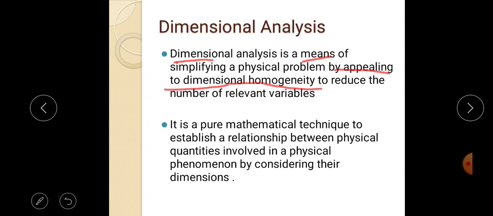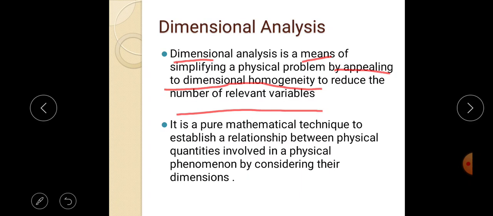But as of now, dimensional analysis is a means of simplifying a physical problem by appealing to dimensional homogeneity to reduce the number of relevant variables. Means we apply dimensional analysis to solve any physical problem with the help of dimensional homogeneity to reduce the number of relevant variables.